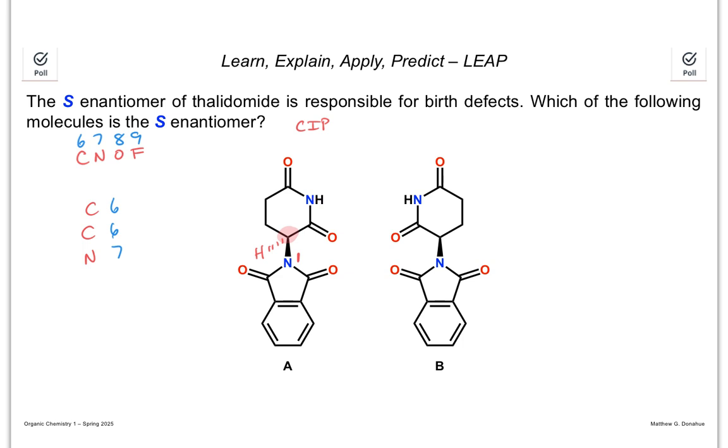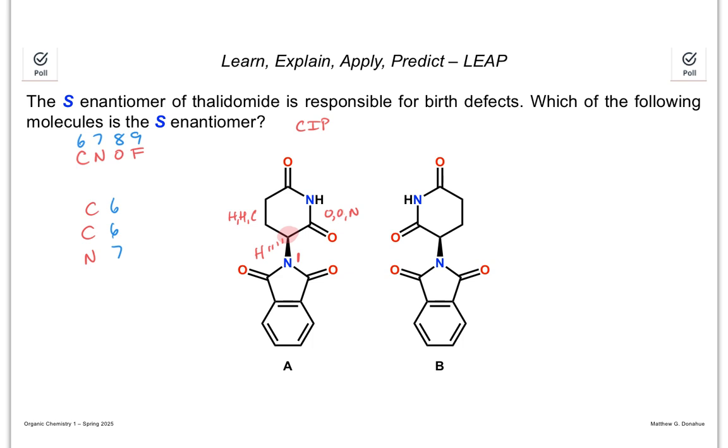Let's make a little note here: H, H, and C; O, O, and N. We can see that that carbon is going to take priority because it's bonded to elements with higher atomic numbers.